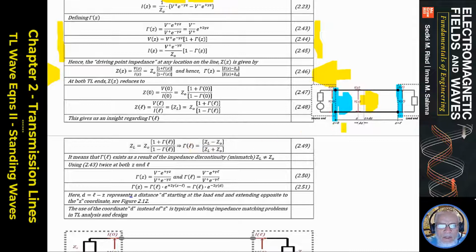All right. Now that we know gamma of L, knowing Z sub L, we know gamma at the end of the line. Guess what? I can find gamma everywhere else because I can go back to the definition of gamma. Gamma of z is equal to that. So if I know one location on the line, I can get the rest of them. And here's the expression. Gamma of z is equal to V minus over V plus, times e to the minus gamma z.